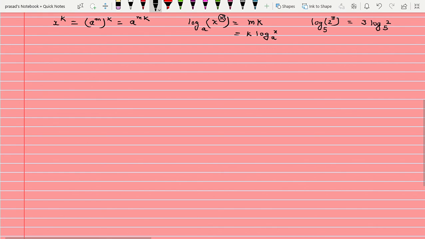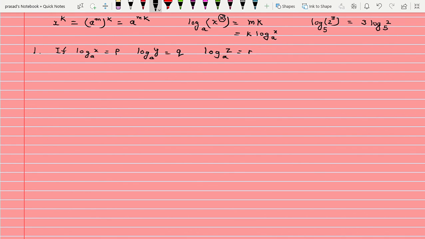So first one, if log of x to base a is equal to p, log of y to base a is equal to q, and log of z to base a is equal to r.